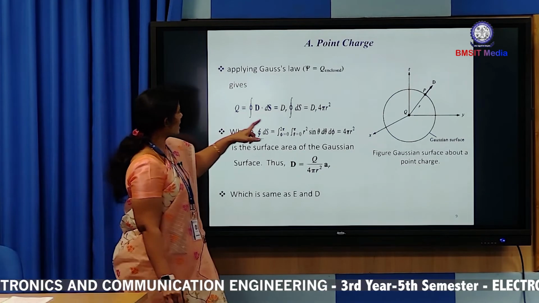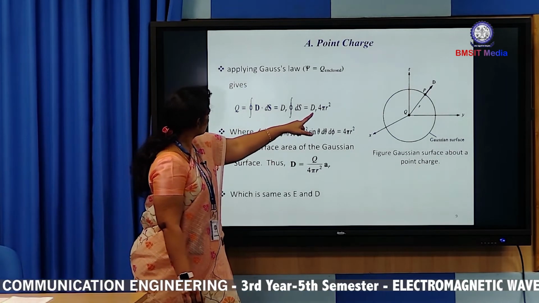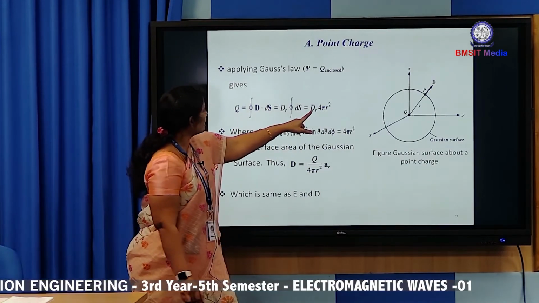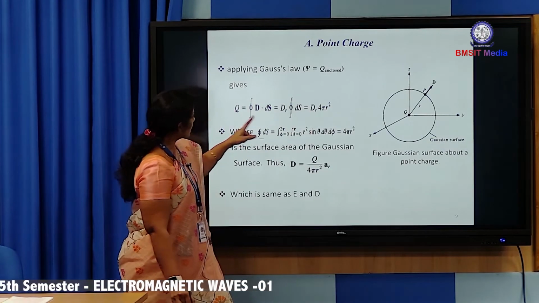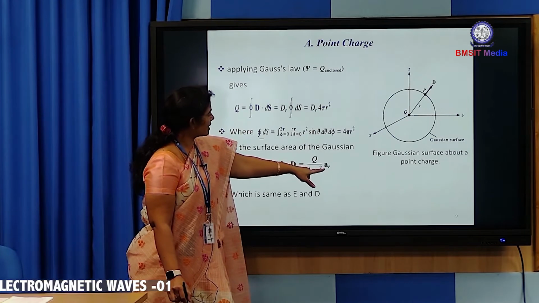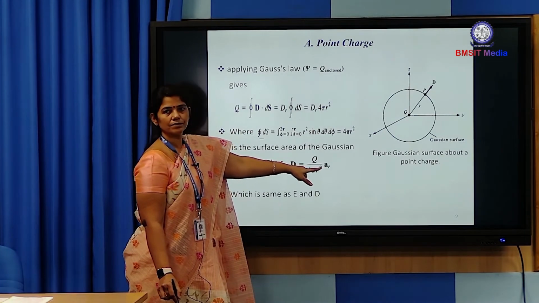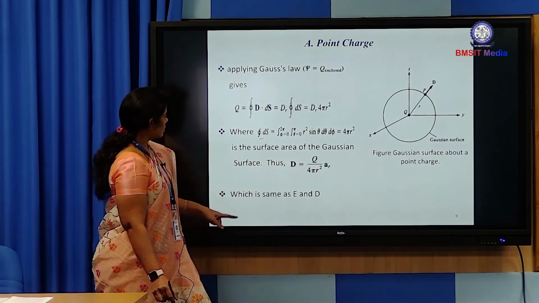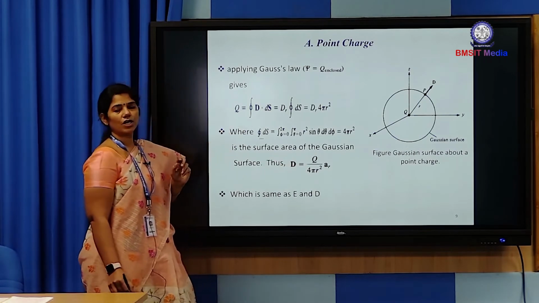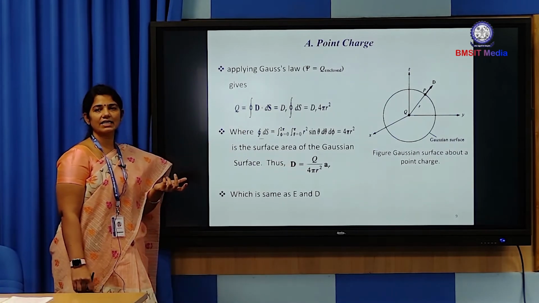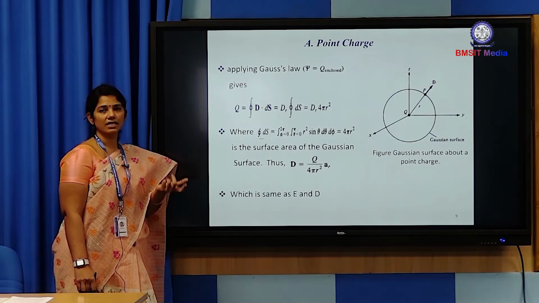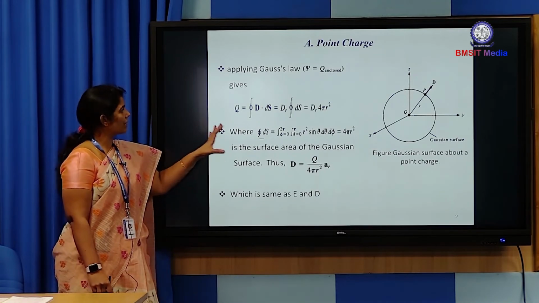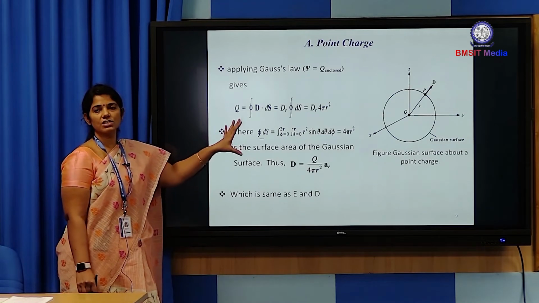Therefore, substituting, D is equal to Q divided by 4 pi r square into AR, which is the same as what we determined for electric field intensity E and electric flux density D. So this is how we applied the Gauss law to the point charge.